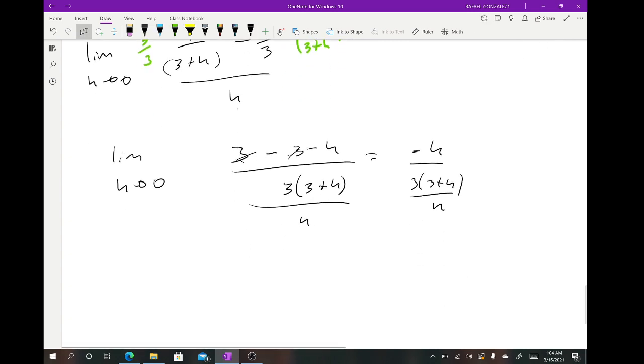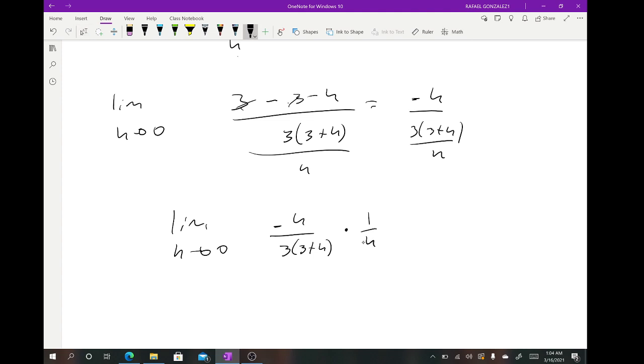And I'm still taking the limit, so now I have the limit as h goes to 0 of minus h over 3 times 3 plus h, and instead of dividing by h, I'm going to multiply by the reciprocal, which is 1 over h.